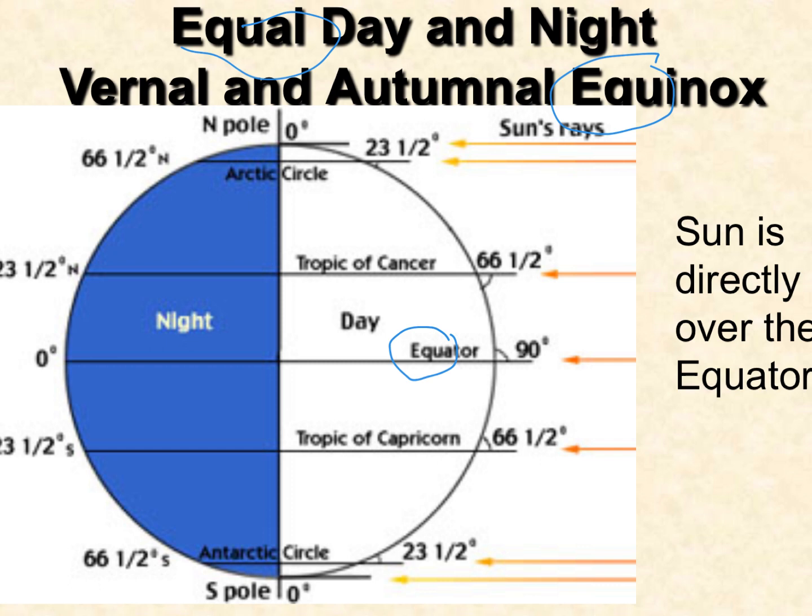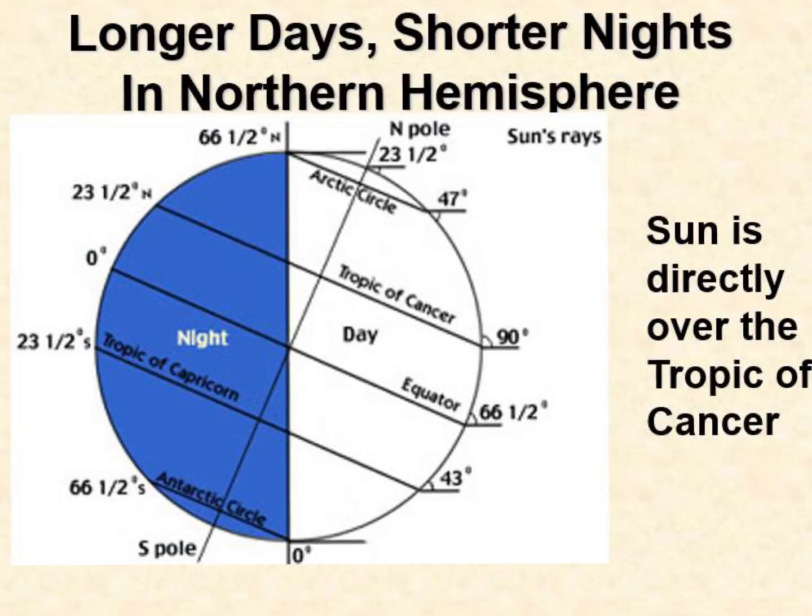This image does not show that Earth is tilted, though it should. On the summer solstice, when the northern hemisphere is tilted toward the sun, the north actually gets more hours of light. Look at the line labeled Tropic of Cancer. This line is at 23.5 degrees north.